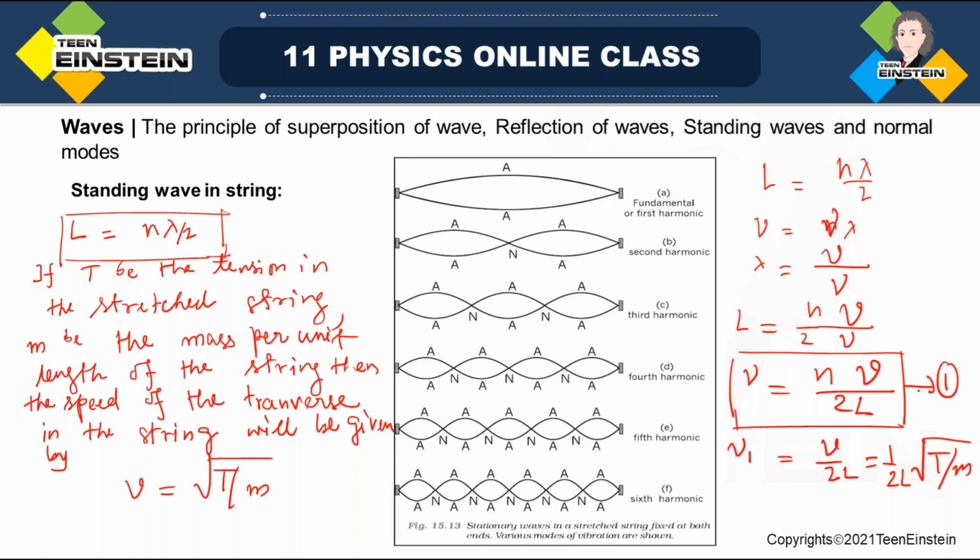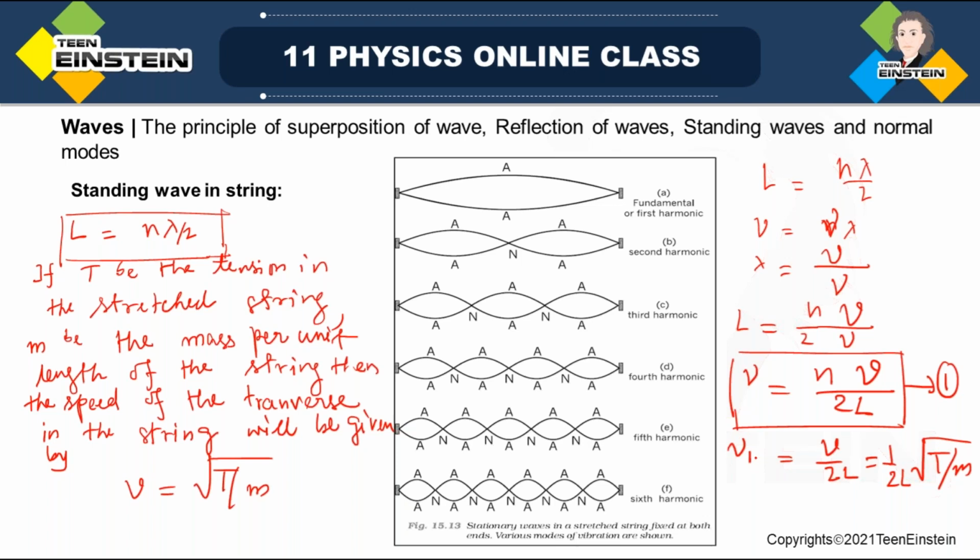Suppose this is equation number 1. So this equation, nu is equal to n by 2l into v, is the general formula for all the frequencies which we will be able to get in the string. So 1 by 2l root over T by m is the fundamental frequency, or the first frequency.